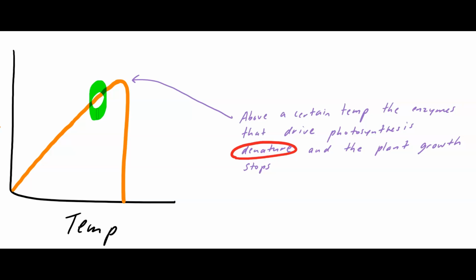So as it says here, above a certain temperature, the actual enzymes that drive photosynthesis are going to denature, they're going to break down, and the plant growth then will stop, okay? And that will cause this decline to go down. Okay, so plant growth at that point completely stops because of denaturation. Make sure that you review the definition of denaturation from your enzyme notes.